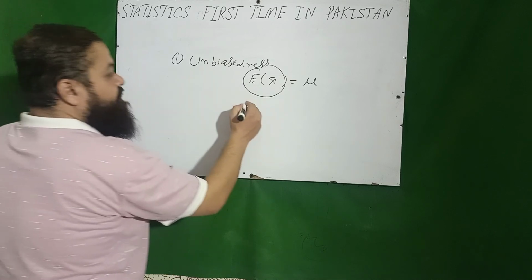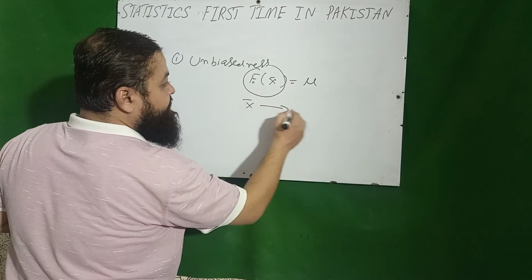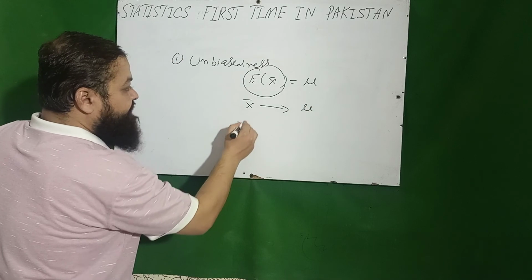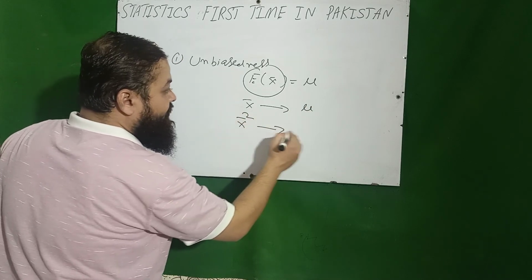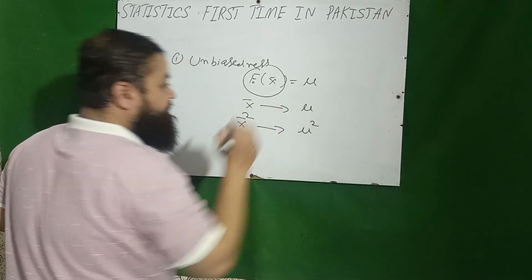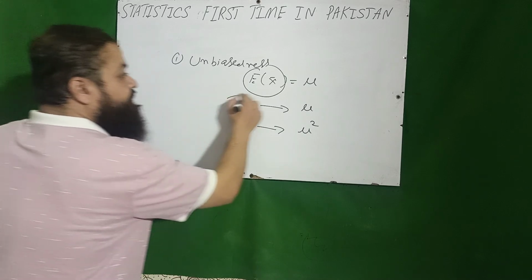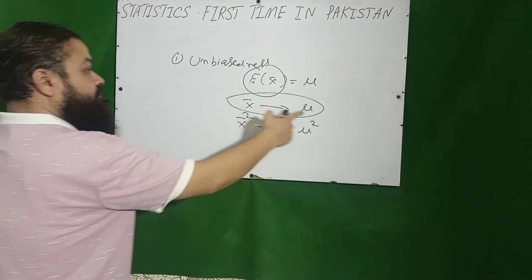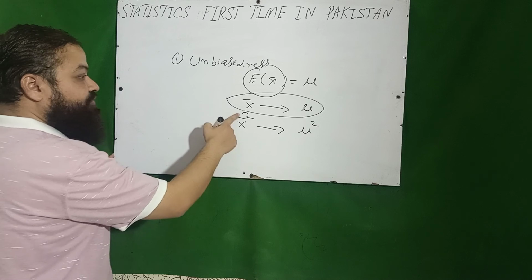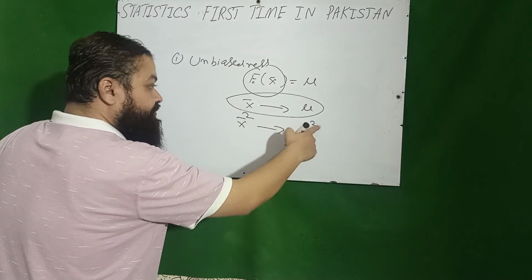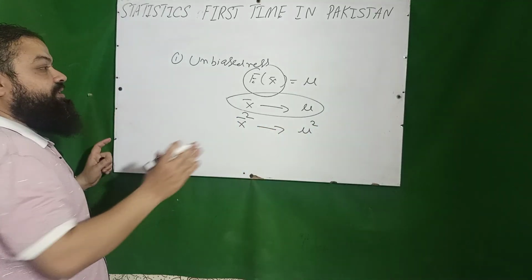And if x bar is the unbiased estimator of mu, then x bar square is not necessarily the unbiased estimator of mu square. It is not compulsory, it is not necessary.